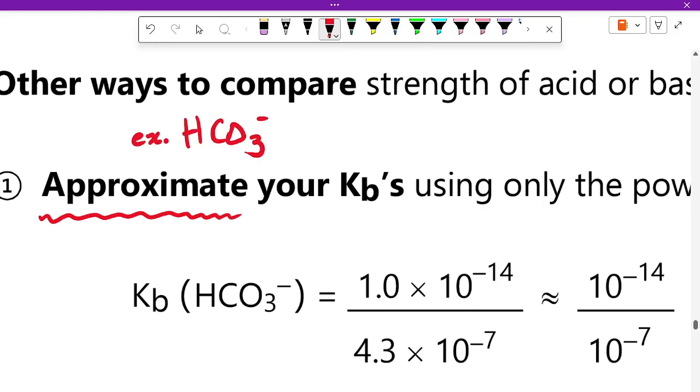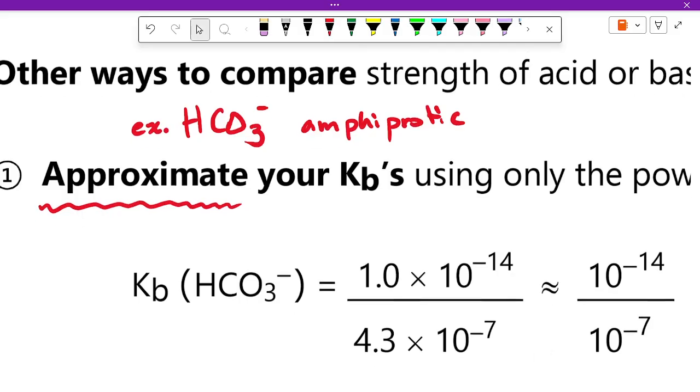And HCO3, what do we know about HCO3? HCO3 is amphiprotic. And if it's amphiprotic, we would need to know its Ka, and we would need to know its Kb. So its Kb is 1 times 10 to the negative 14.